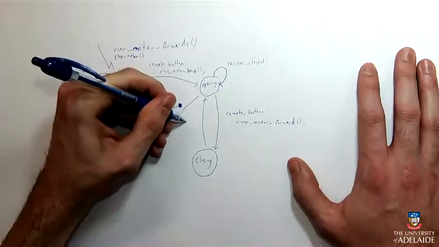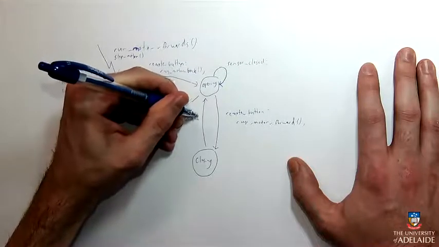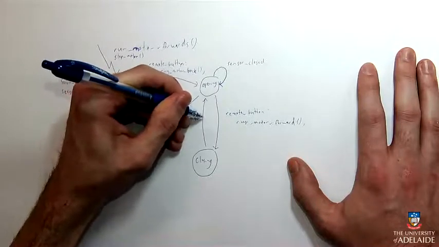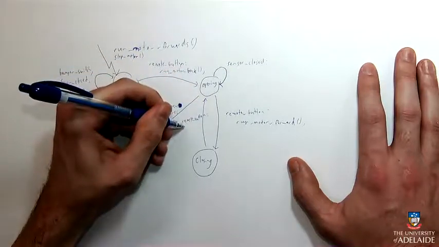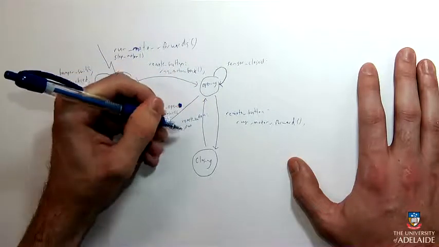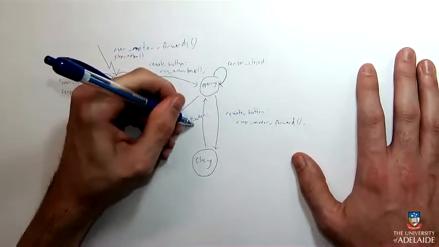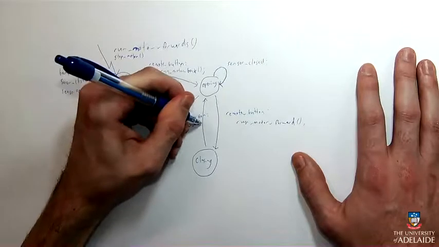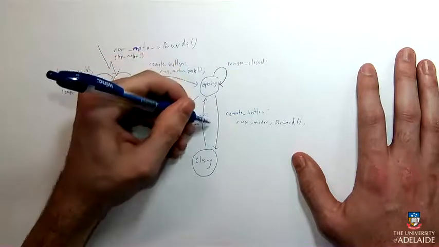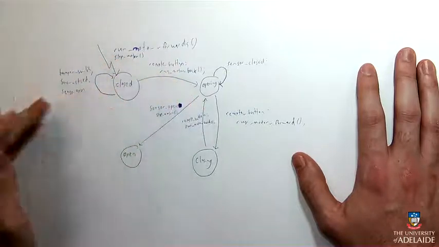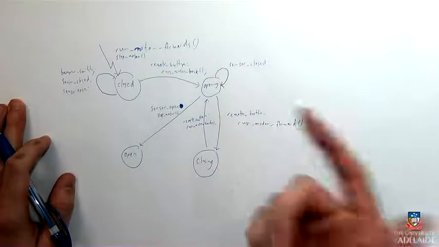I needed to draw this diagram so much bigger. I should have used the texter. The texter makes me draw big. Okay, so if the button is pressed, we start the motor running back the other way.